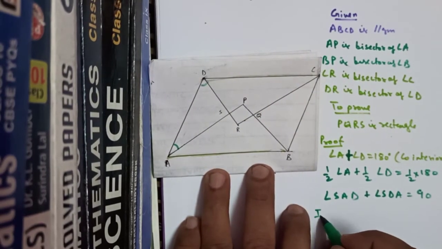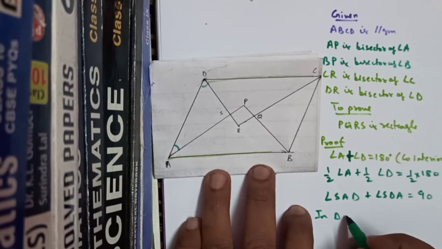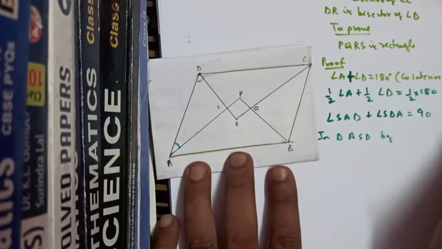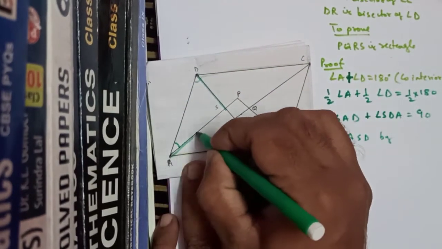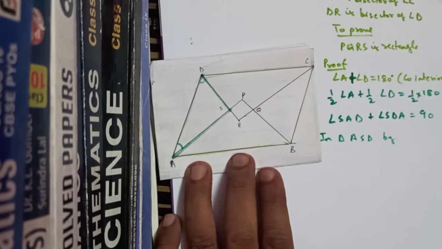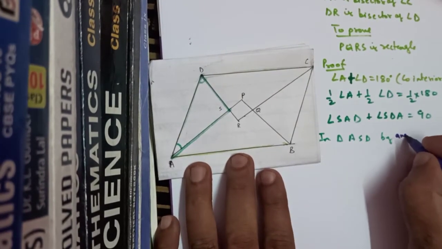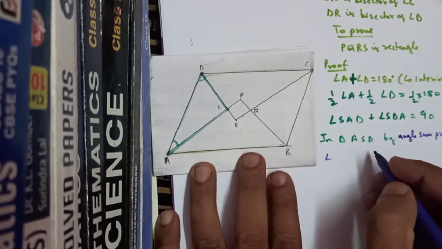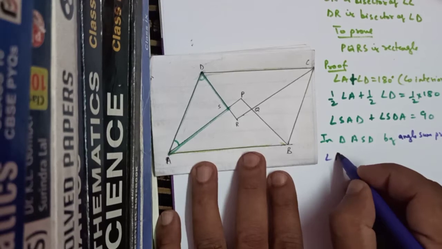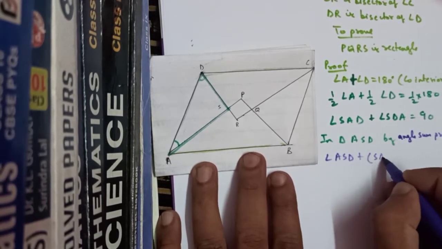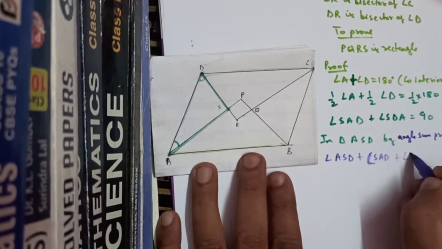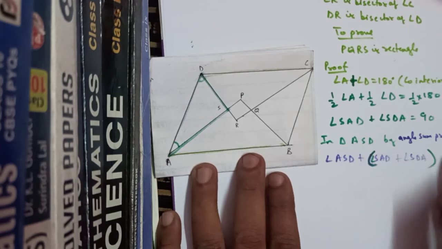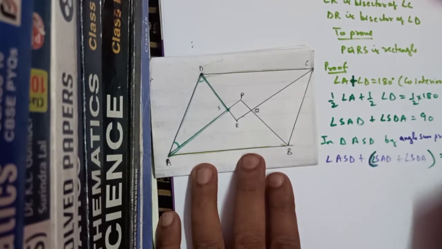Okay, now in triangle ASD, by angle sum property, angle ASD plus angle SAD plus angle SDA is equal to 180 degrees, the sum of angles of a triangle.